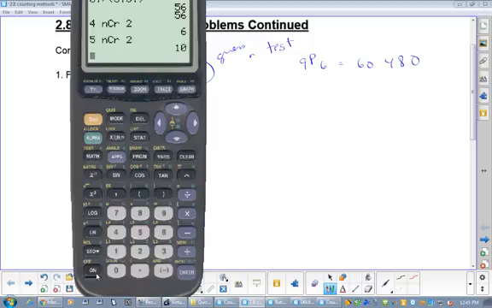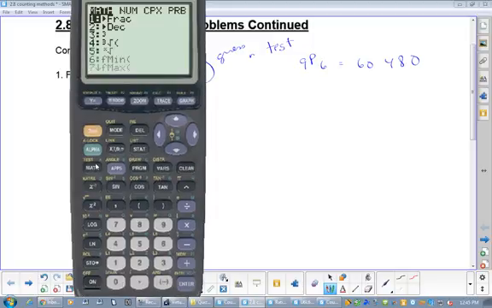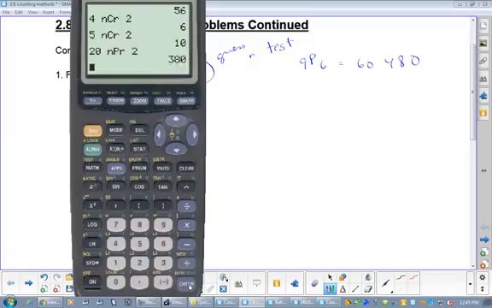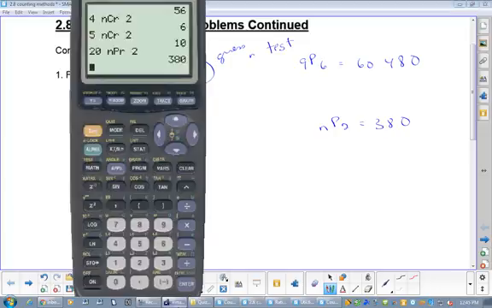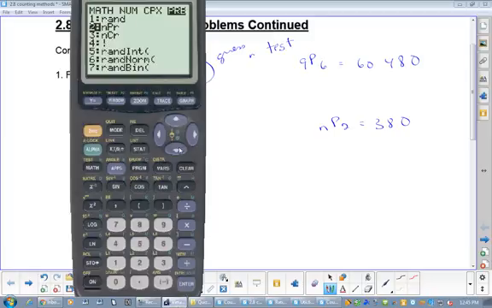But if I did 20P2, say, equals 380, I'm just going to do one on the side here, so you're like, ooh, okay, what could n be? Well, now you saw the 20 already, but pretend you didn't see that, so we're just going to clear it. If you did like 5P2, look how far away you are.